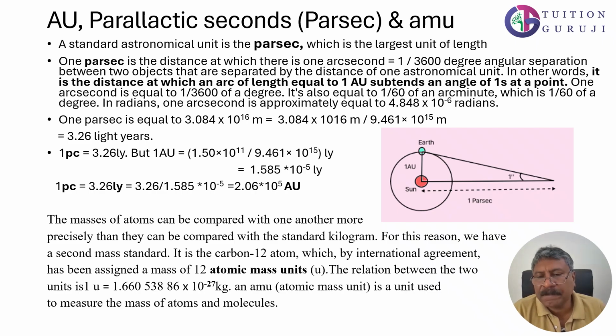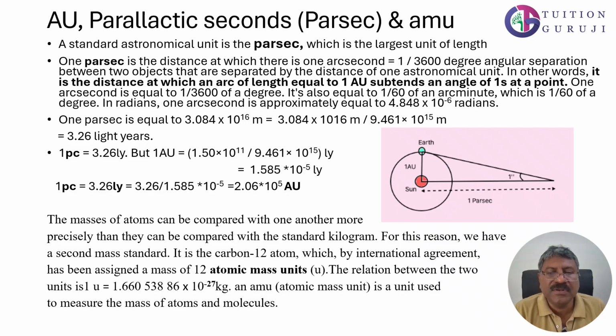So in the figure you can see the sun makes an angle of 1 second with the Earth. So 1 parsec is the distance from one point to the sun which makes an angle of 1 second. 1 parsec is equal to 3.084 into 10 raised to 16 meter, divided by 9.461 into 10 raised to 15 meter.